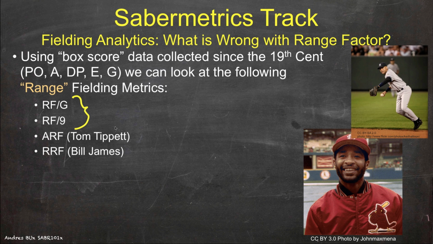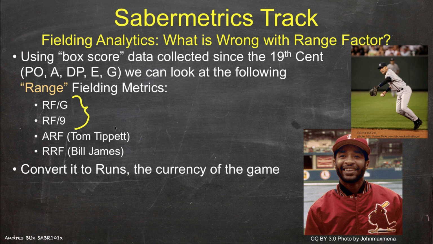The development of these metrics was a response to all the criticisms of the simpler range factor metrics, but they all were limited by using this box score level data. You want to get a measure of range factor, and you want to adjust it the correct way, depending on position, depending on the field, depending on the pitching staff, batting, handedness, and you wanted to end up getting it to the currency of the game, into runs itself.